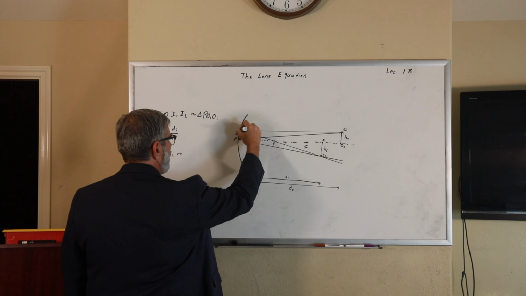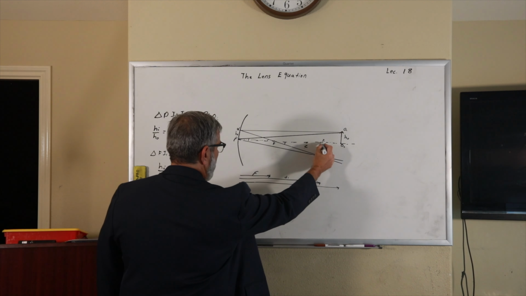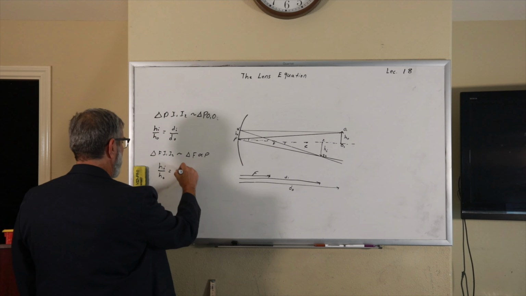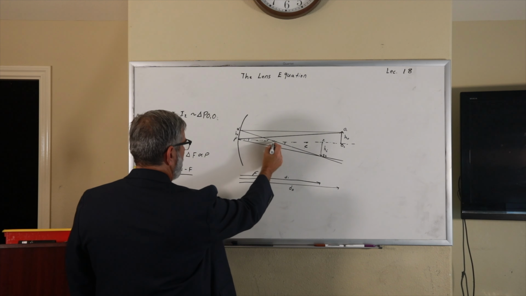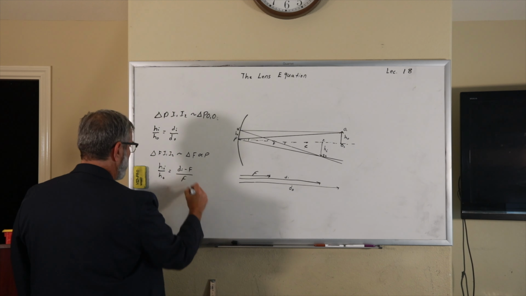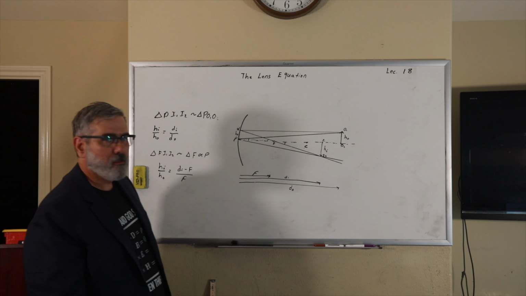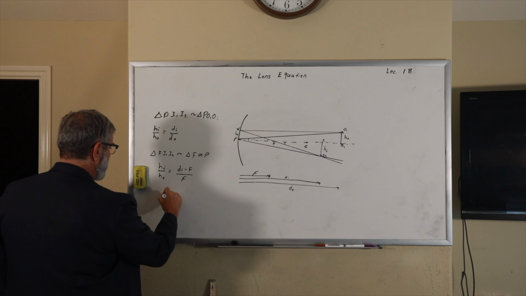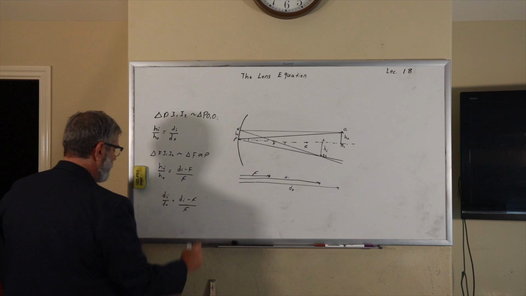That's another distance that we needed, the focal length, F. So from this point I1 to the point F, that distance is DI minus F, over the distance F. So now I have two expressions for the ratio of the image height to the object height. I can set those equal to each other. So I would say that DI over DO is equal to DI minus F divided by F.